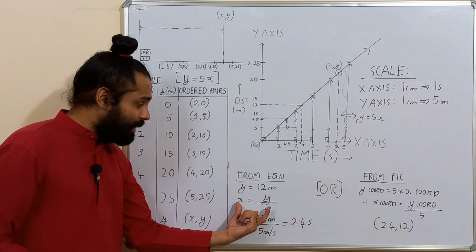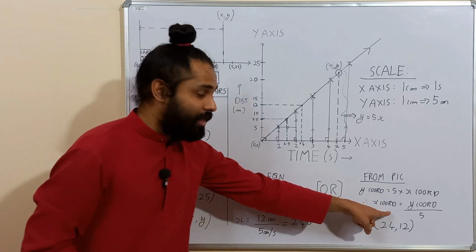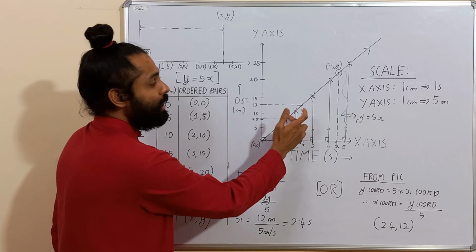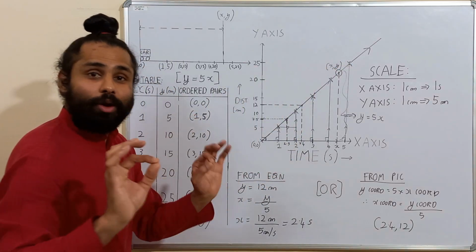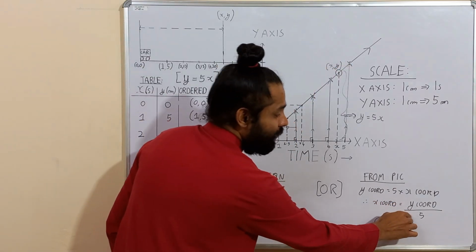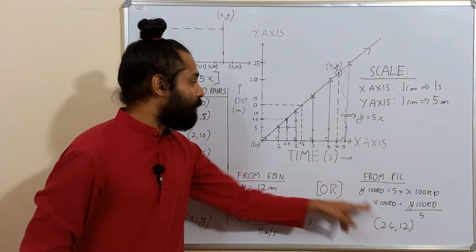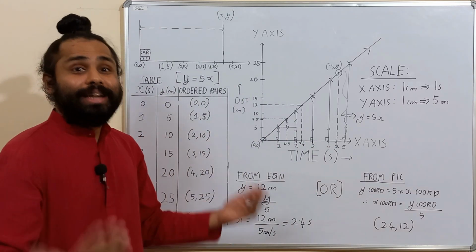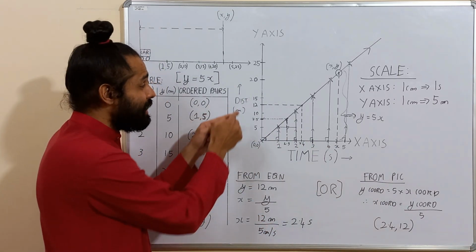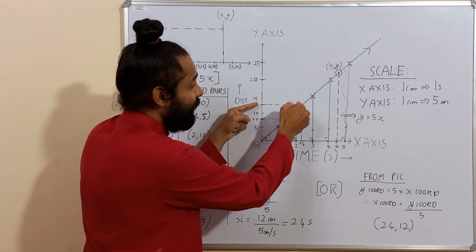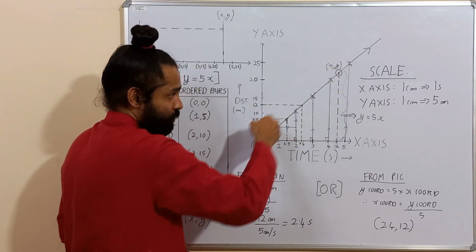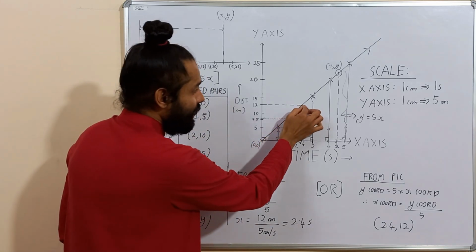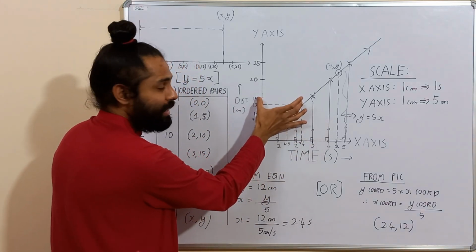Now, just like we rearranged the equation here, we can rearrange the equation here, right? Therefore, we can say the x coordinate of any point on this line is got by doing the y coordinate by 5. The x coordinate of any point on this line is the y coordinate divided by 5, which is great, because now that means if I extend this line and hit this point which is on this straight line, I can be completely sure that the x coordinate of this point, which is basically this distance, right?